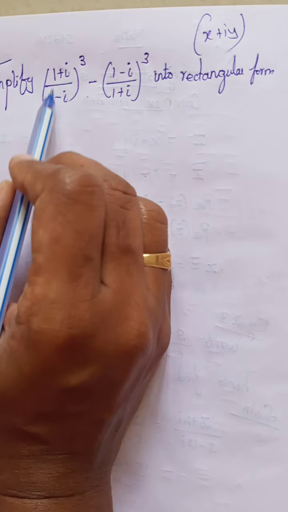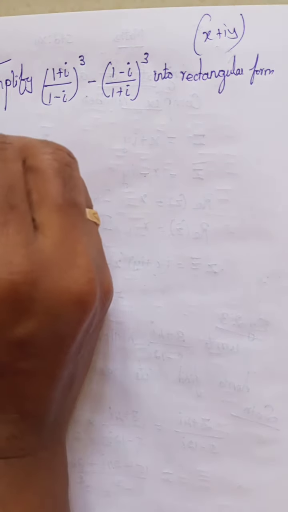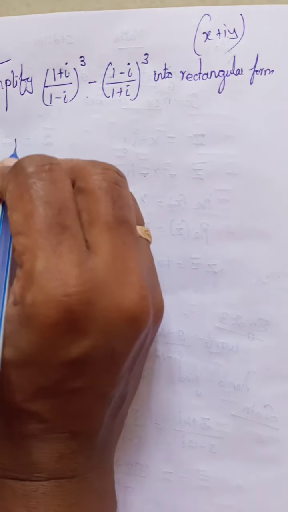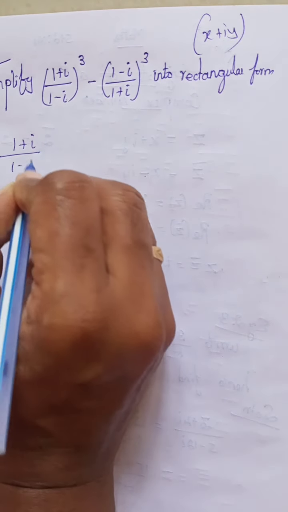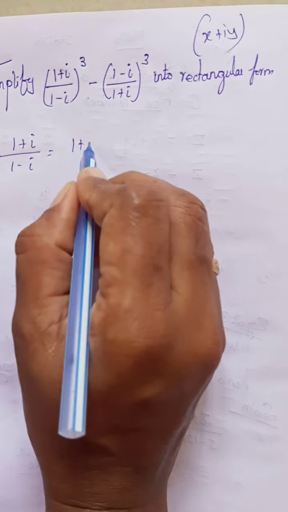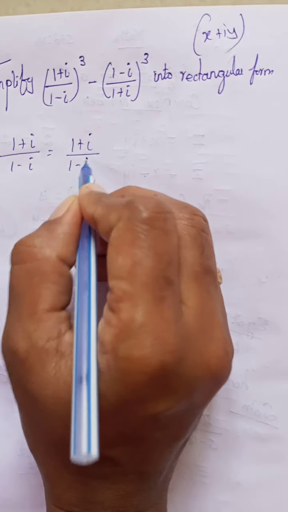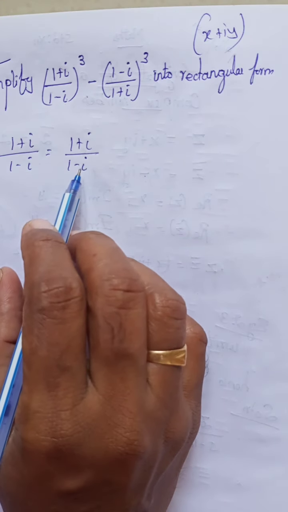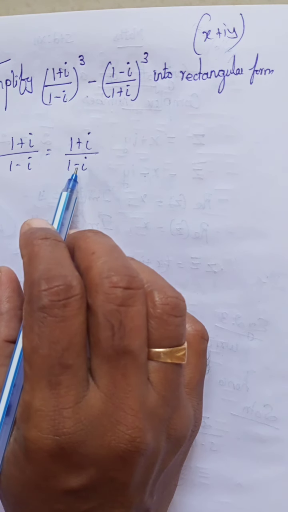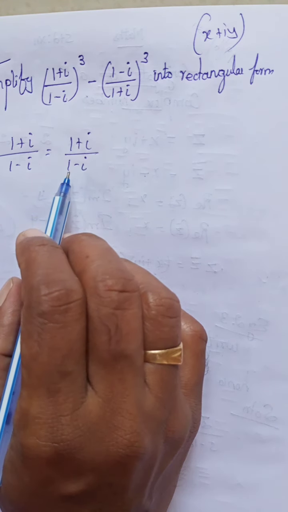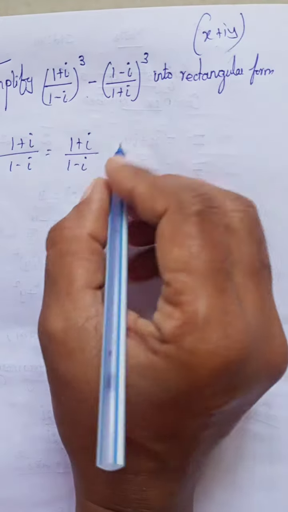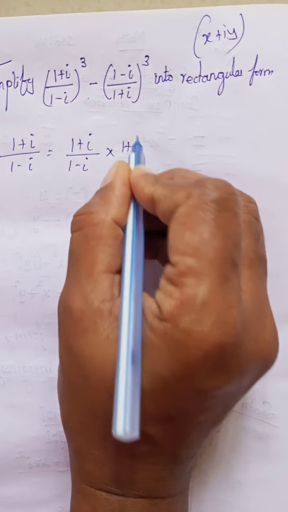So first we can find out what this is, then it will be easy for us. So 1 plus i by 1 minus i. When in the denominator a complex number is there, we have to take the conjugate and multiply both numerator and denominator. So for 1 minus i, the conjugate will be 1 plus i.